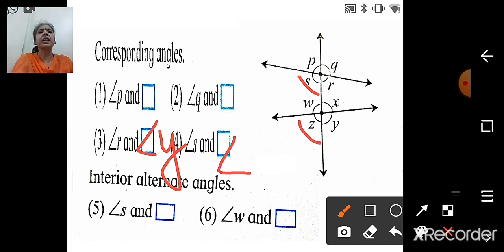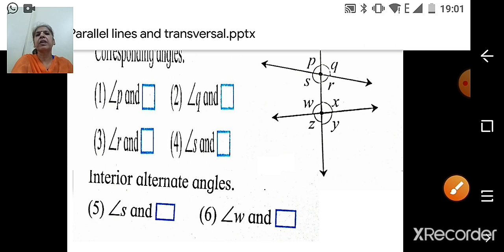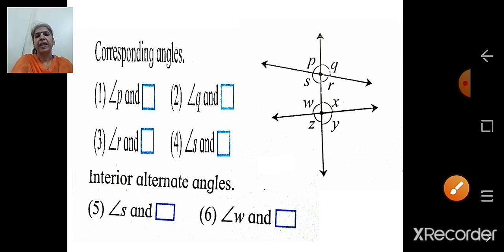So it is angle Z. Once again, with angle P we said angle W, with angle Q angle X, with angle R we have Y, and with angle S we have angle Z, right? So these are the four pairs of corresponding angles.